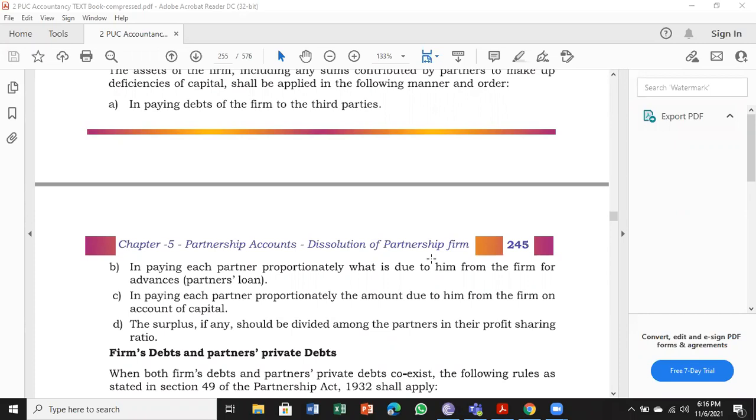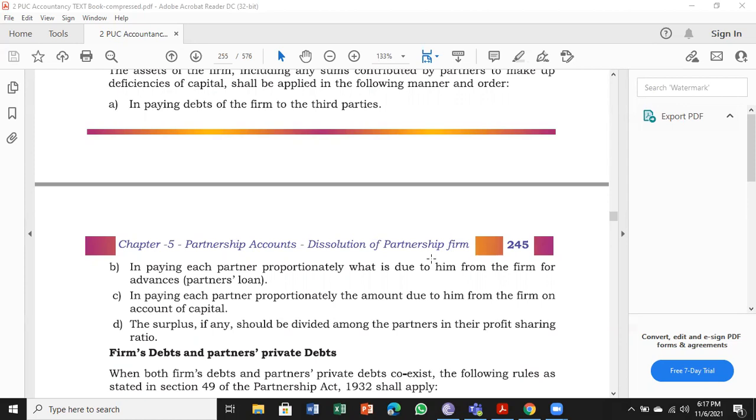If they are able to pay in full, then whatever money is left will be used to pay partners' capital. So we consider the amount to be repaid to the partners. That is why we prepare the partners' capital account, to know to whom the business has to pay, and if not, from which partner the business has to receive money.